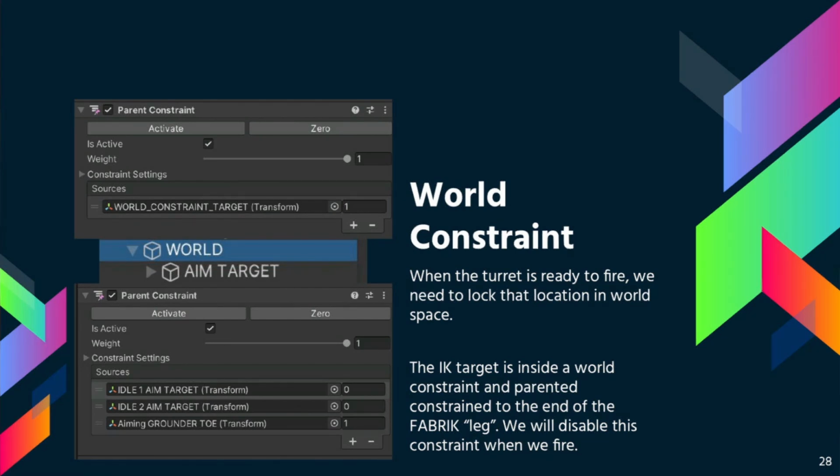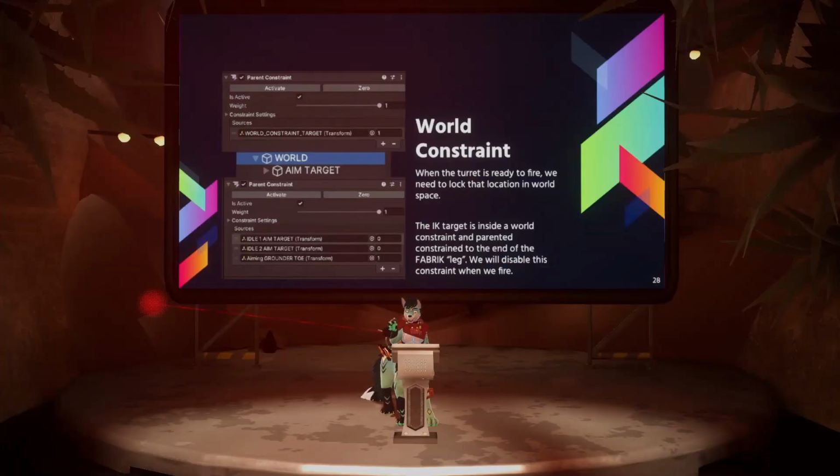But basically what we do here is that we're constantly following the same location, but we have it inside of a world constraint. And then when we say fire, we release the constraint and keep it in world space. And that allows us to lock that location and we know where that is. And that's how I can make sure I fire and aim at that spot.